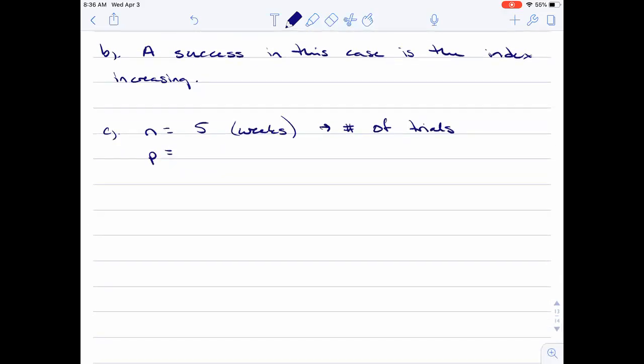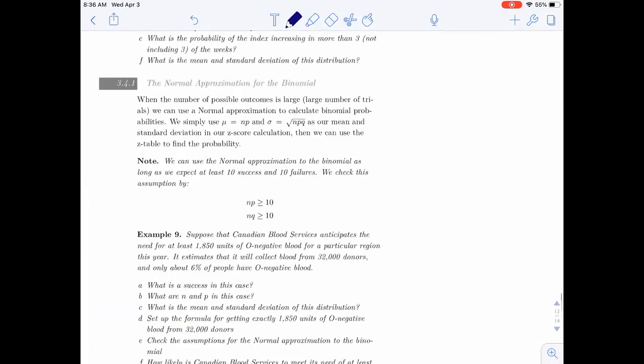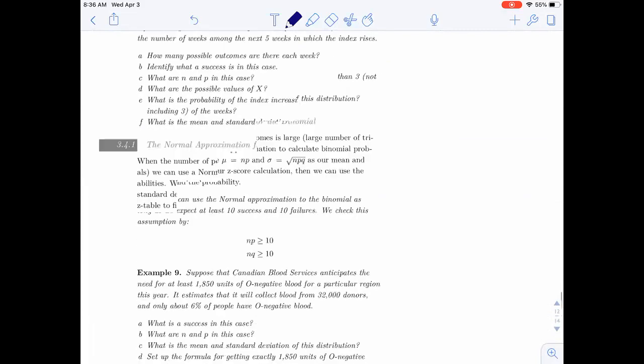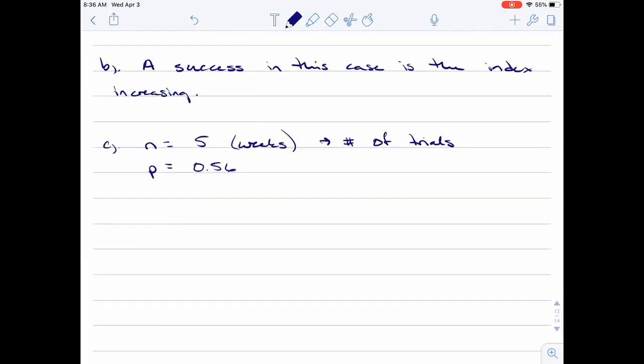p, I think, was 0.56. Yeah. Which is the probability of a success. It's also kind of how we determined what a success was in this case.